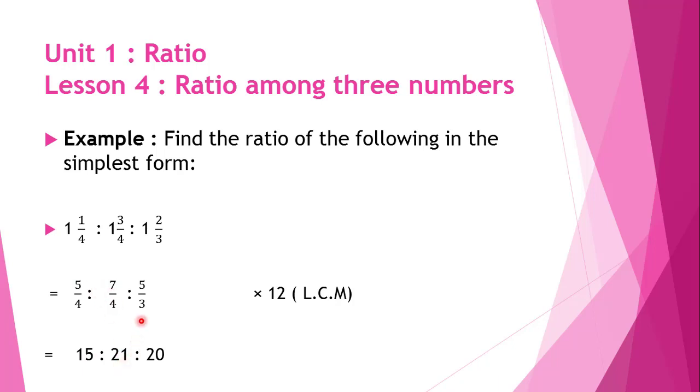And here, I'll multiply by 12. 12 divided by 3 equals 4. 4 times 5 equals 20. You have 15, 21, and 20. Is there any common factor between the three numbers, 15, 21, and 20? Of course, we don't have. So this is the simplest form.